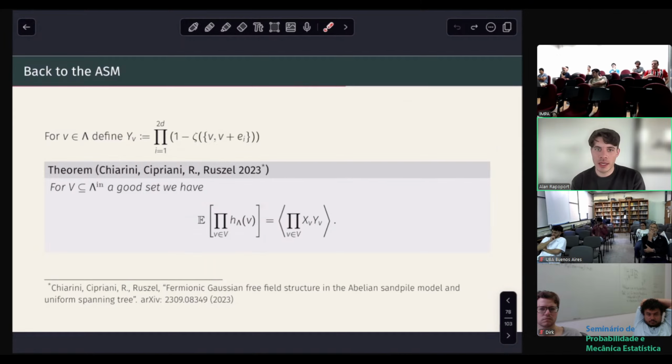I'm basically playing around with that. That's the reason why you obtain this Y over here, because you need to specify that you do not want this or that edge. So we have a very simple, straightforward expression to calculate the things that Dhar was calculating for the ASM, but now in terms of fermions.